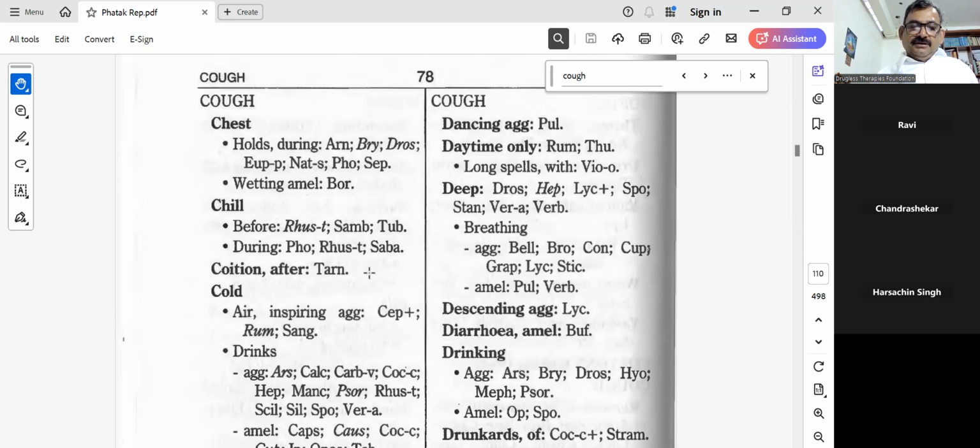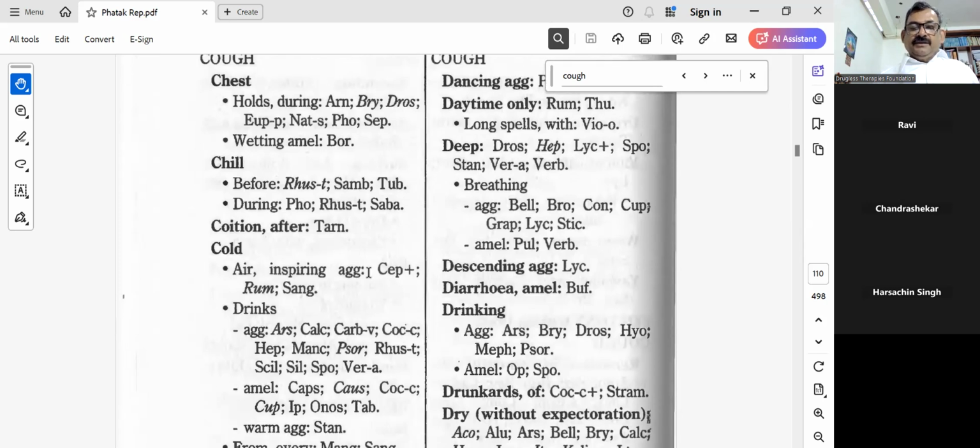See, like that. Coughing, you will get such a cough after having sex. Coition is a sexual activity. After that, if they are getting the cough, that is called tarantula.